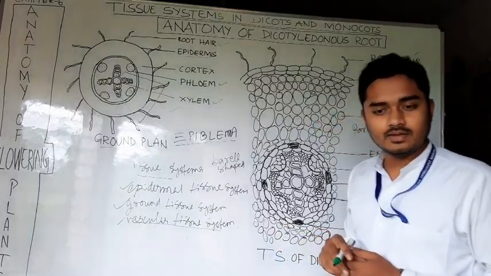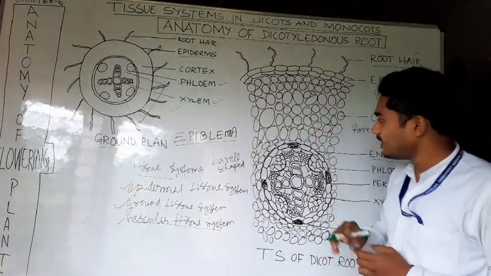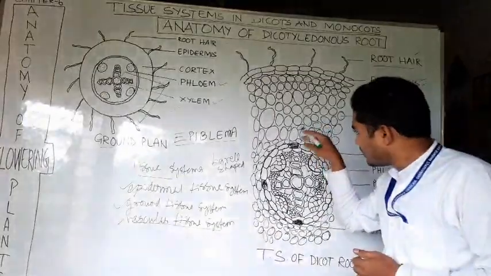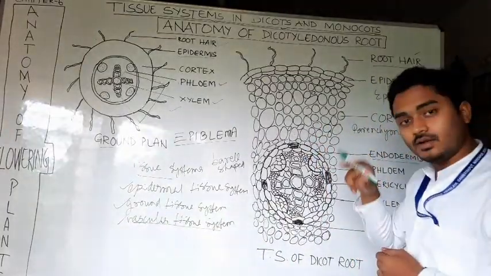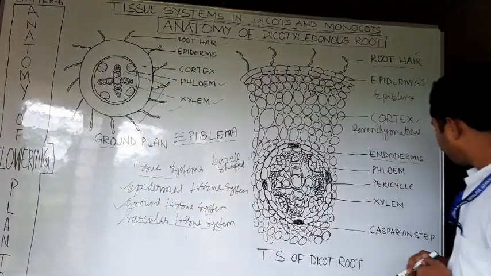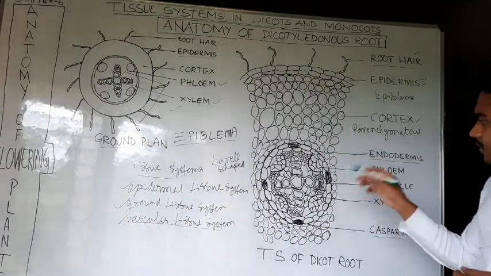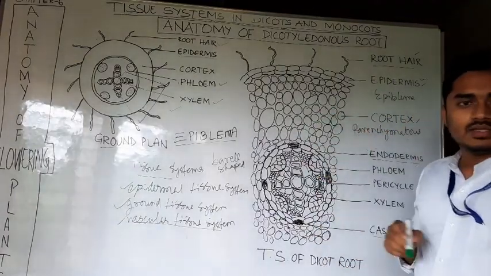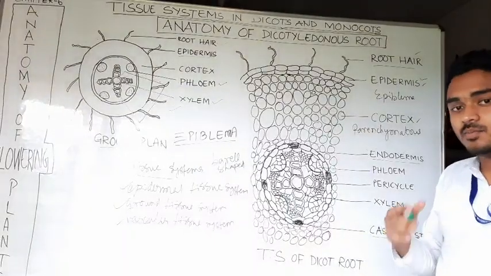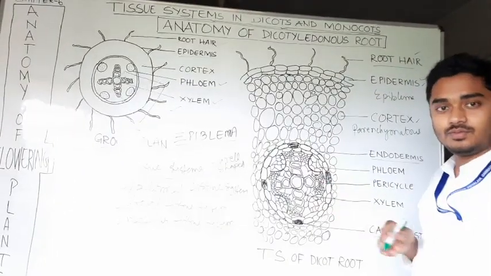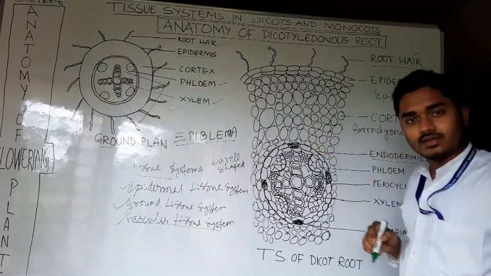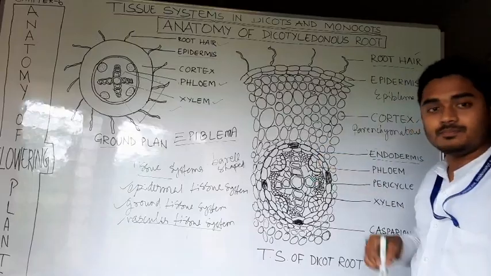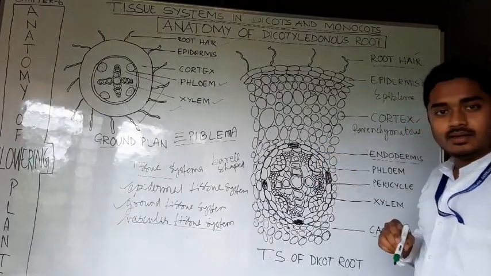So what is the meaning of suberized? Suberin gets deposited in the endodermal walls. So these suberized cells of the endodermis are known as Casparian strips. So why are they suberized? Because when we study the symplastic and apoplastic pathways of water absorption, these Casparian strips do not allow the water to penetrate beyond the endodermal layers.